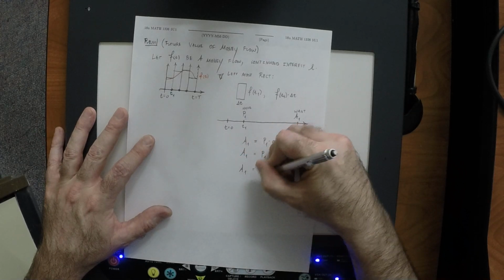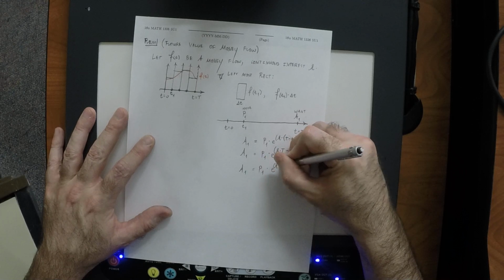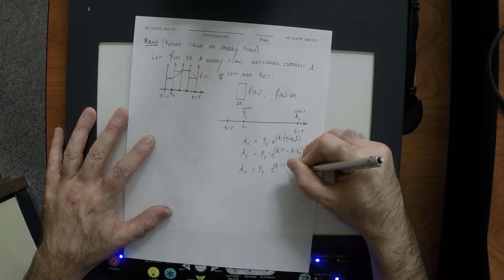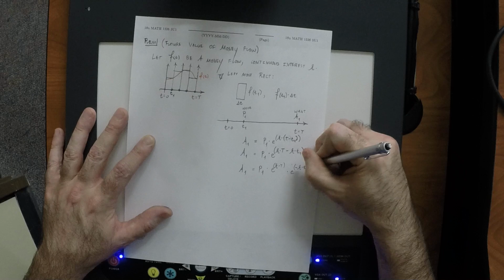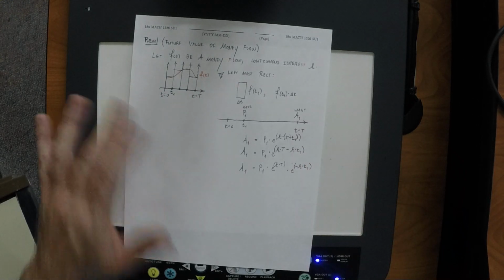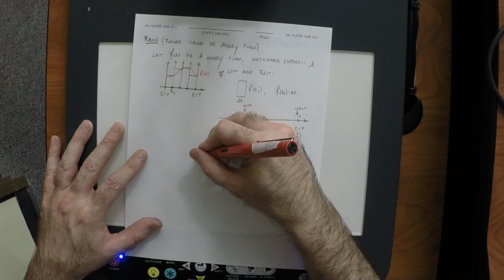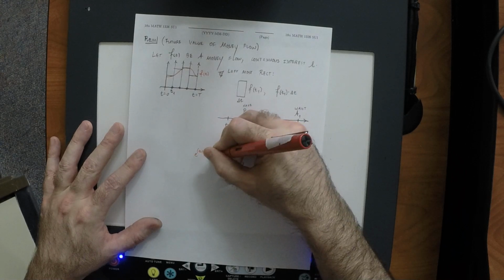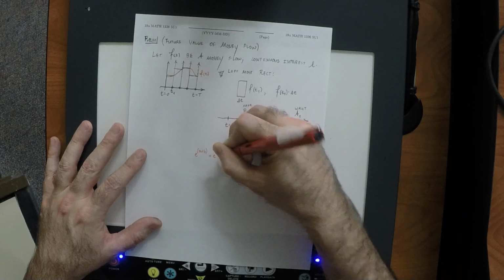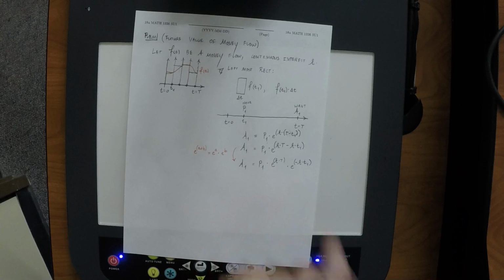A1 is P1 multiplied by exponential of r big T, and then multiplied by exponential of negative r t1. What I used here was that the exponential of a plus b is the exponential of a multiplied by the exponential of b. That's what I used right there.